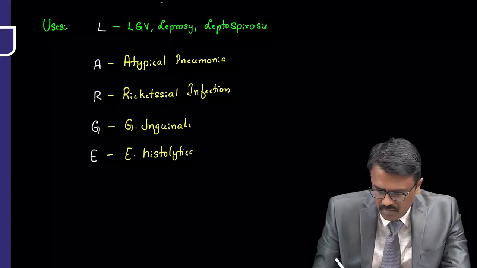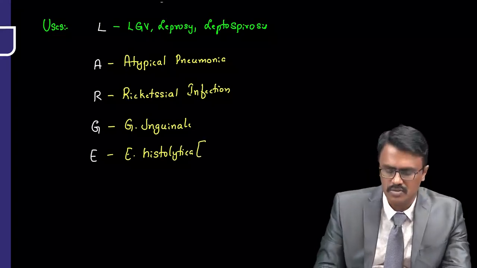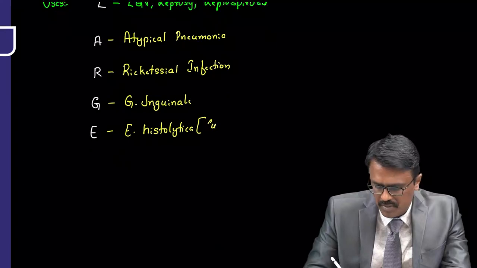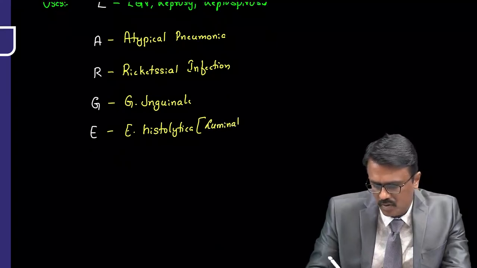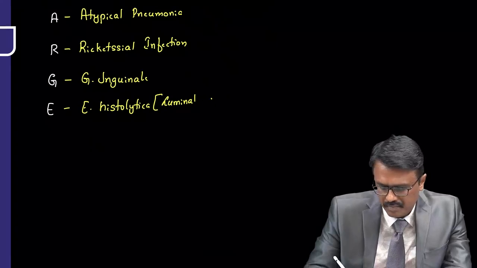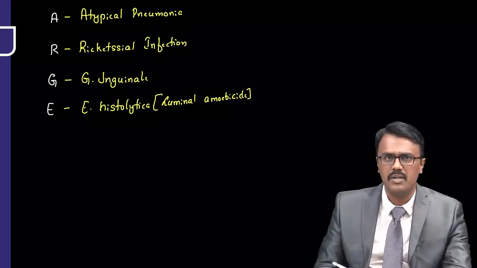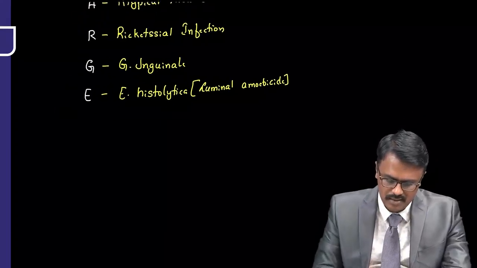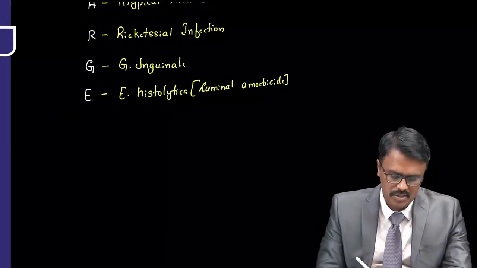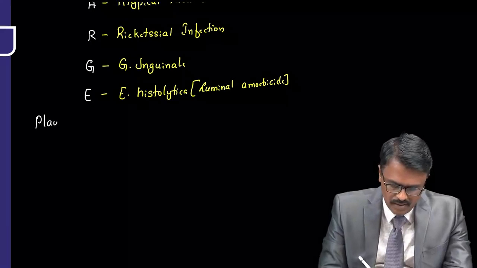What does it cause? Amoebiasis. So where do you use it? It is used as a luminal amebicide, particularly tetracycline. So we understood the LARGE, sir. Then when you know the large, who is the large player?